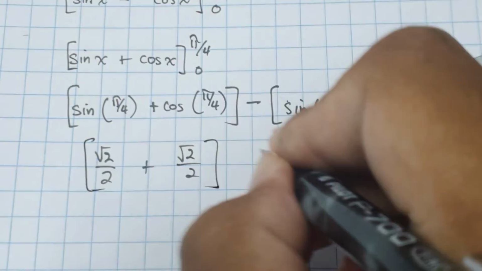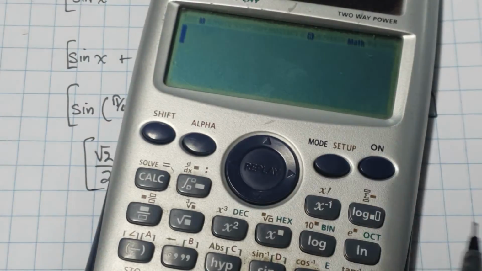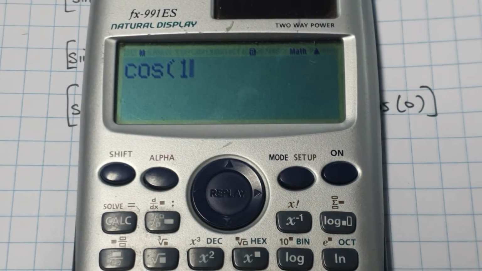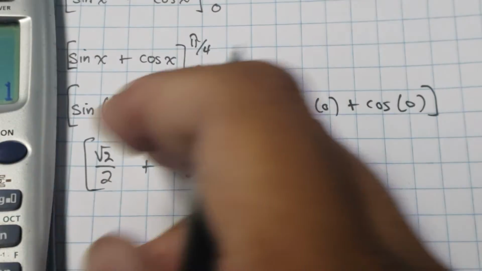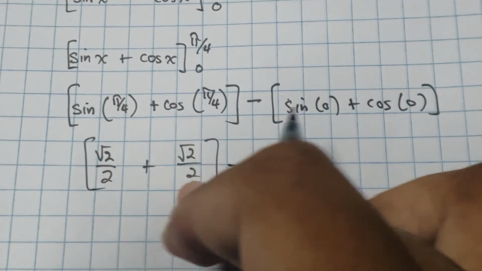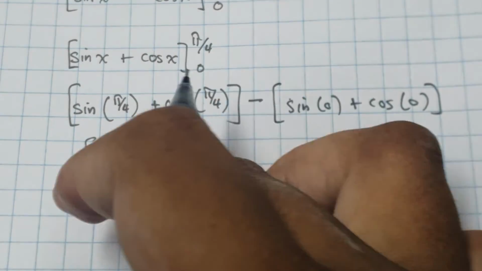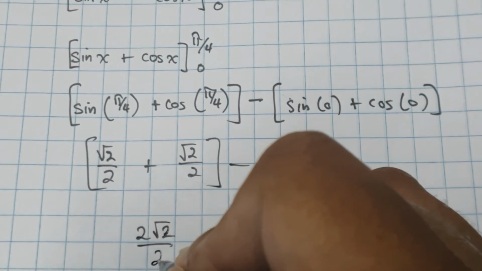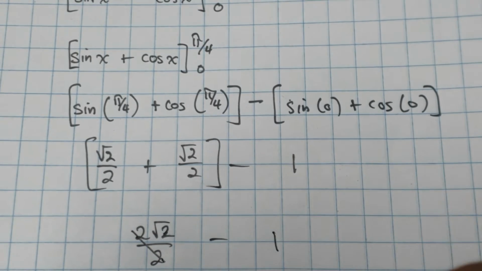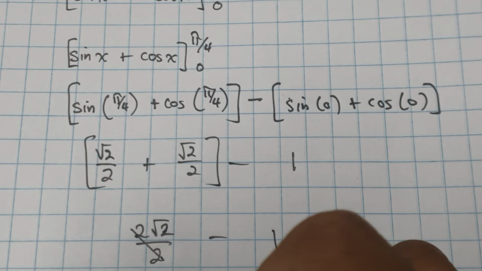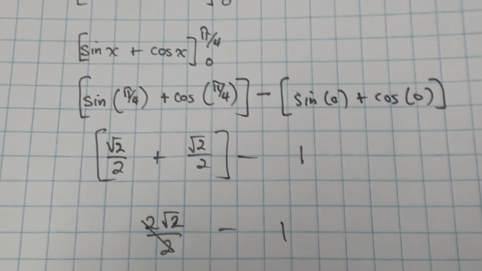Minus, so sin 0 is 0 and cos 0 is 1. Let's just double check: cos 0 is 1, so this will be 0 plus 1, that's 1. Here it's the same denominator, so we can just add up the root 2 over 2 terms, which gives root 2, minus 1. So the answer is root 2 minus 1.